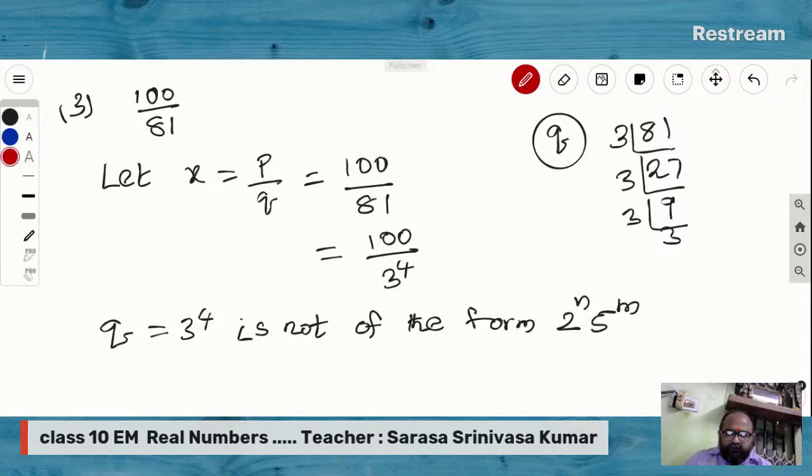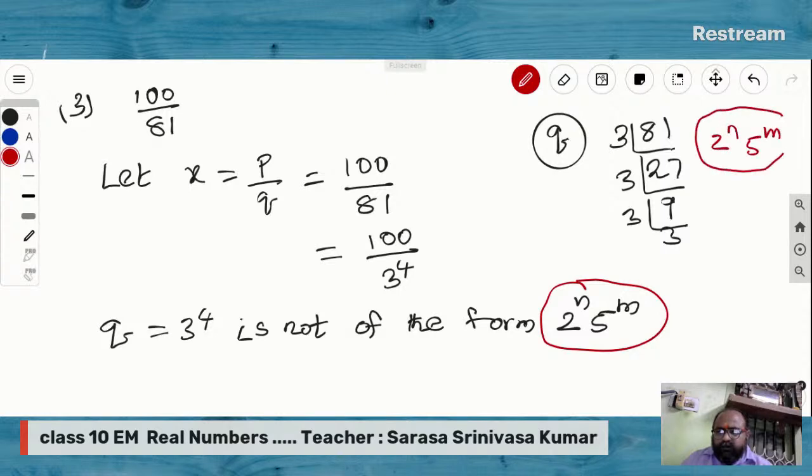So the denominator cannot be expressed as 2 power n 5 power m. It is not in this form. 3 power 4 cannot be expressed in the form of 2 power n 5 power m.